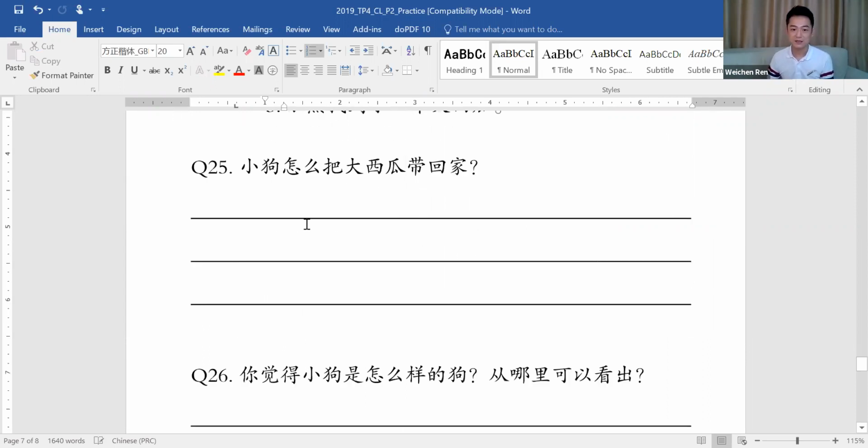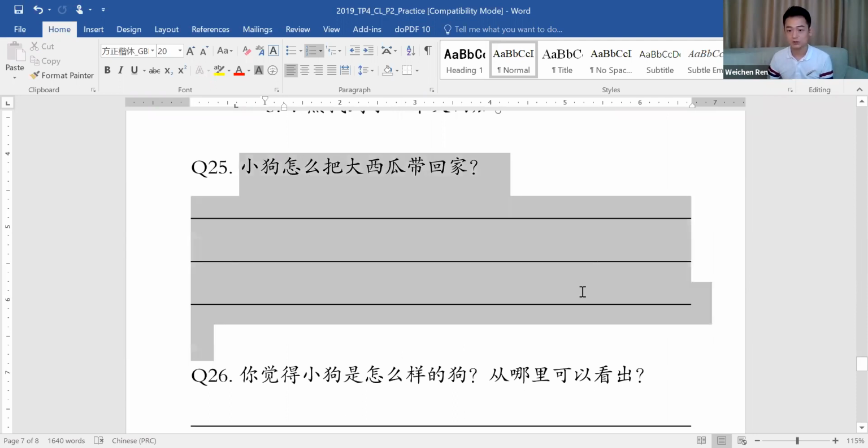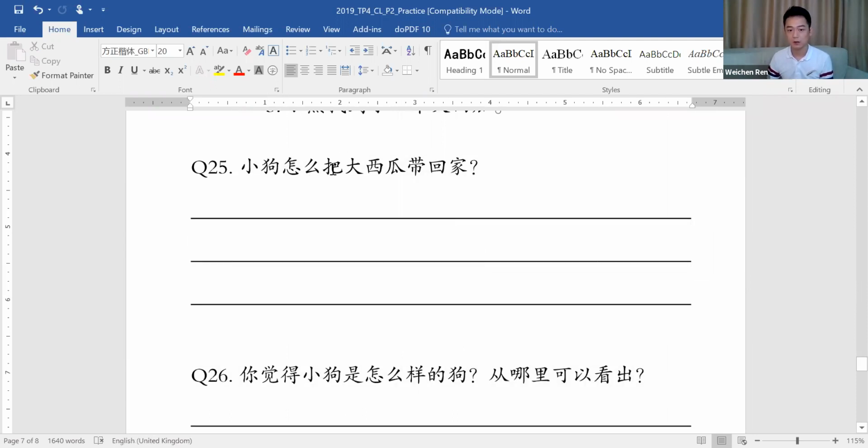I want to emphasize the Q&A question, which is really becoming very, very challenging for all of our pupils. Instead of asking what kind of question, we are asking how in primary 2. 小狗怎么把大西瓜带回家?